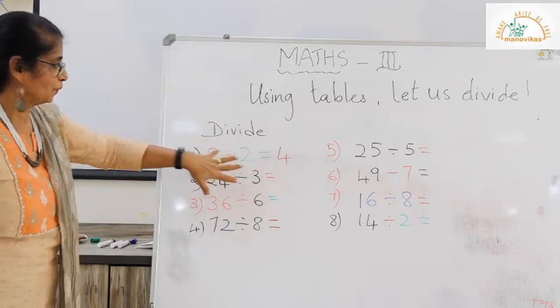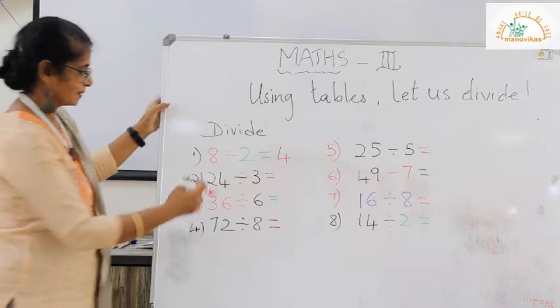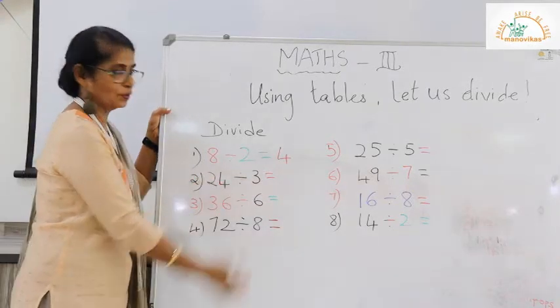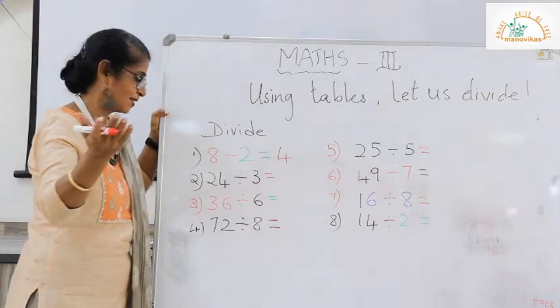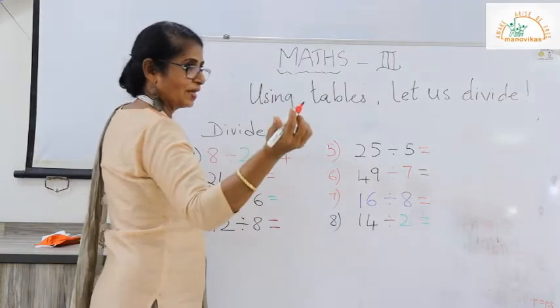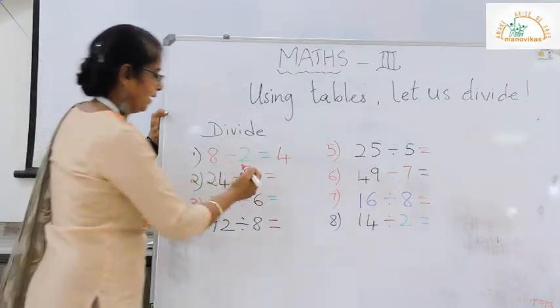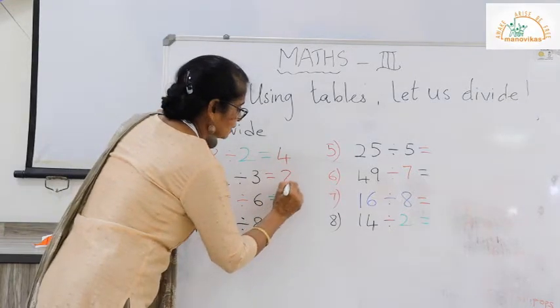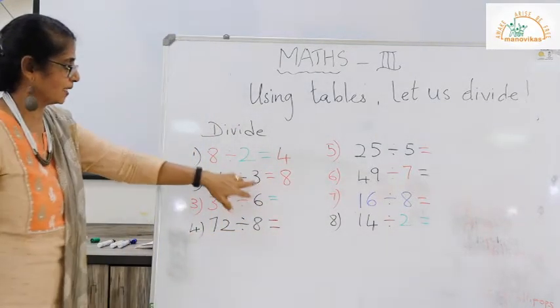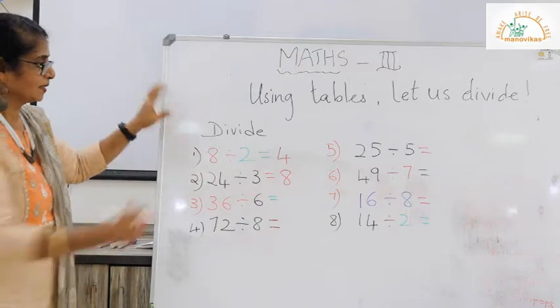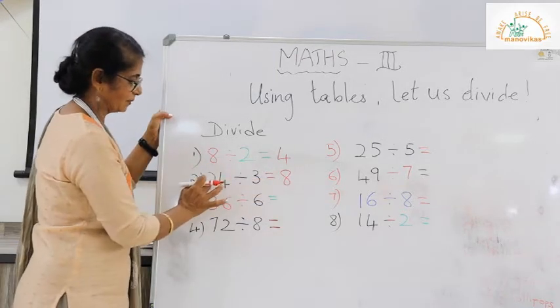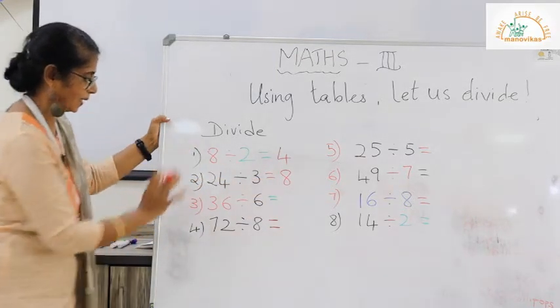Am I right? 2 fours are 8. Now the second problem, 24 divided by 3. 3 times what is 24? We have to think. So 3 eights are 24. That is why when we divide 24 by 3, we get 8.